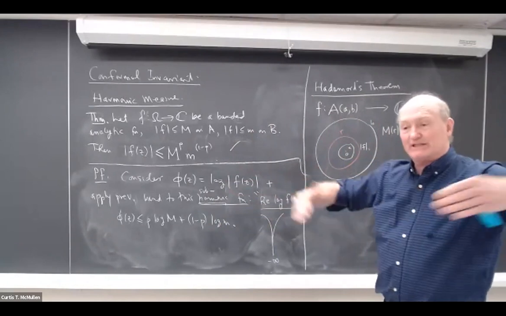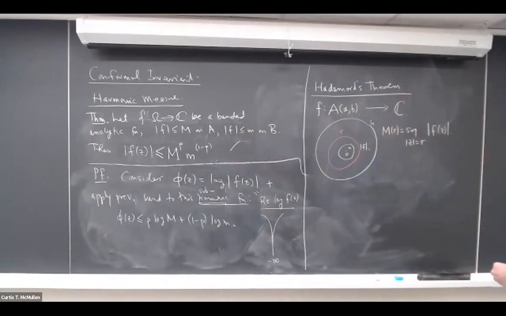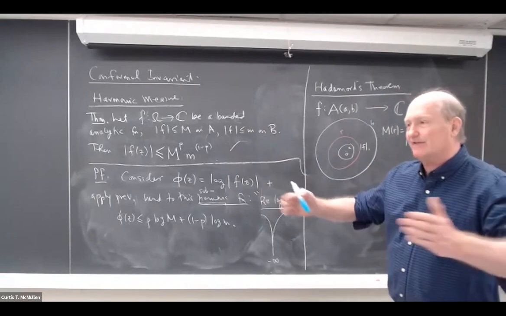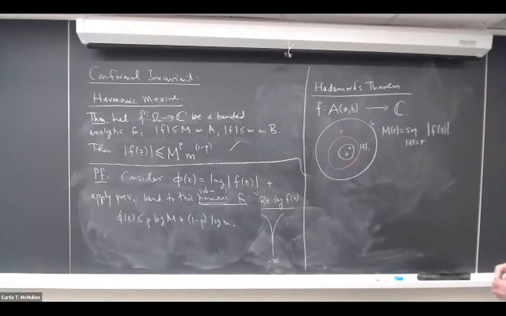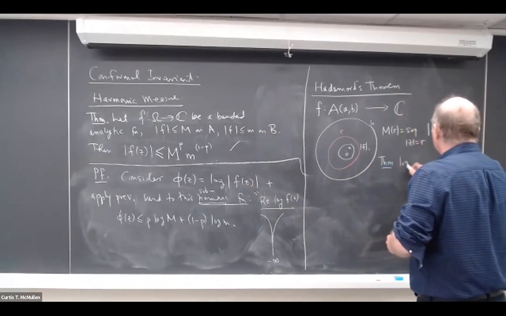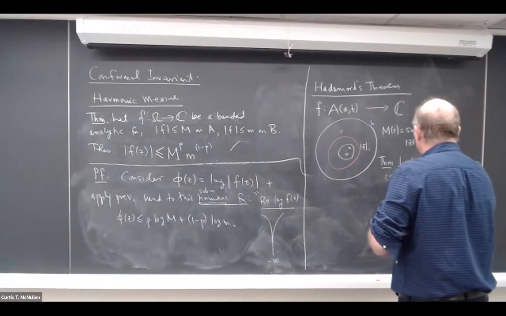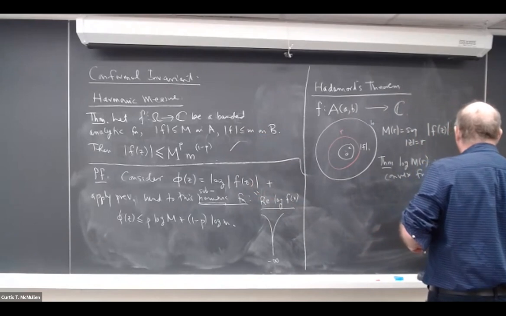By the maximum principle, this function is increasing. How fast does it increase? How does it behave as r varies? By the way, when the function is on an annulus, it doesn't have to be increasing. The function might be 1 over z, in which case M of r is a decreasing function of r. So the theorem is that log M of r is a convex function of log r.